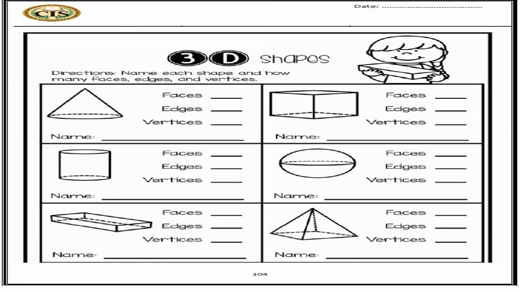Name each shape and how many faces, edges, and vertices. First shape, remember with me. What is the shape name? It's cone. How many faces in the cone? 1 circular base. And how many edges? 0 edges. How many vertices in the cone?